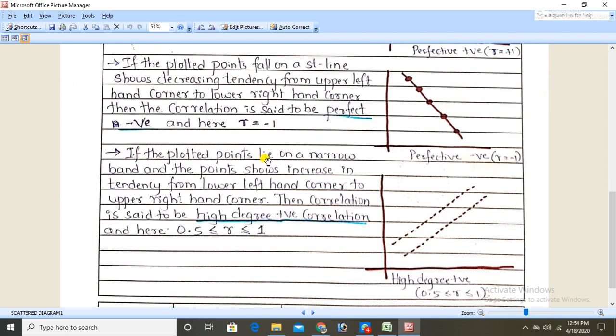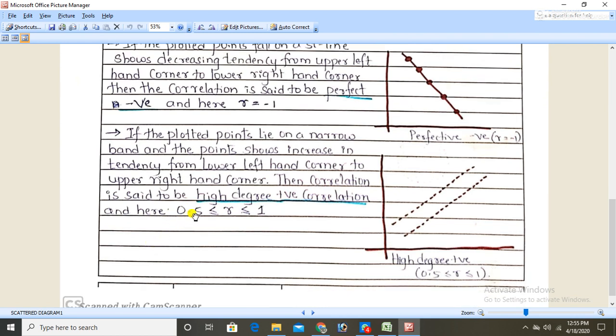Next, if the plotted points lie in a narrow band and show an increasing tendency from the lower left hand corner to the upper right hand corner, meaning the points lie between these two dotted lines and increase from left to right, this type of correlation is said to be high degree positive correlation.